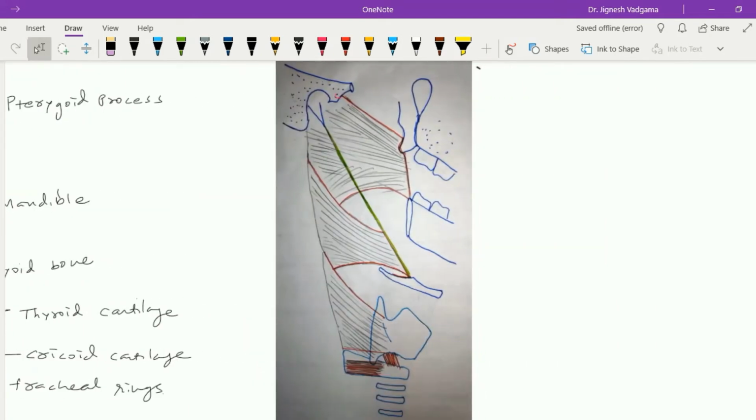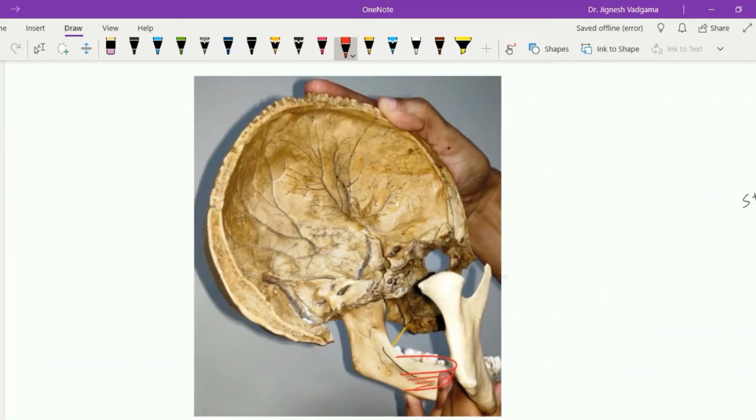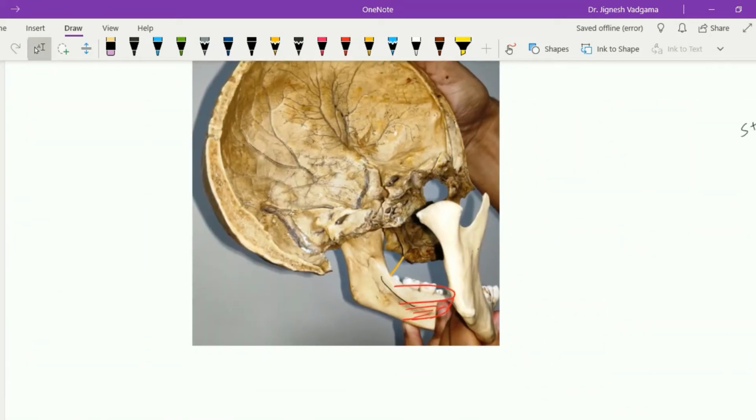Here in this figure, this muscle is the superior constrictor muscle. This superior constrictor muscle arises from the lower half of the posterior border of the medial pterygoid plate, the pterygoid hamulus, the pterygomandibular raphe, the mylohyoid line, as well as the side of the tongue. So let's see the origin of the superior constrictor muscle in this figure.